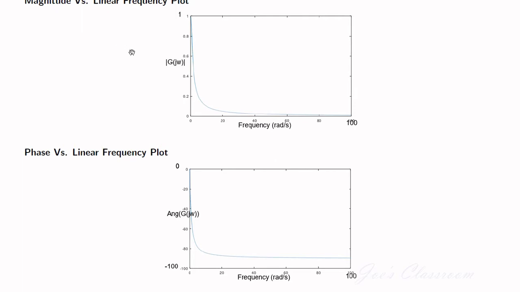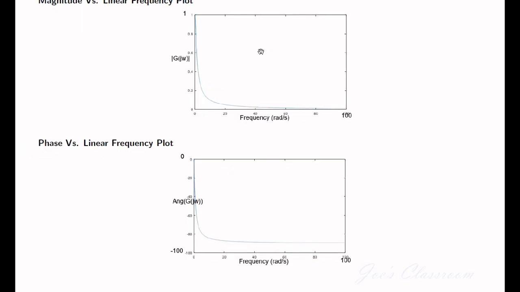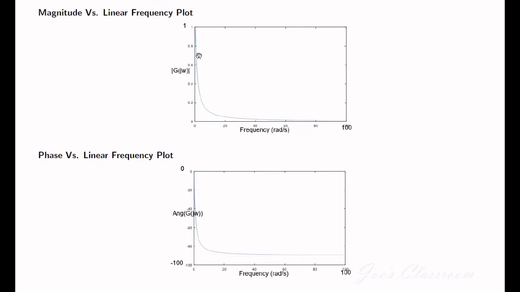We plotted the magnitude of the system, that is the magnitude of G(j omega), with respect to frequency, and the angle of G(j omega) with respect to frequency. This plot is what we called the frequency response.